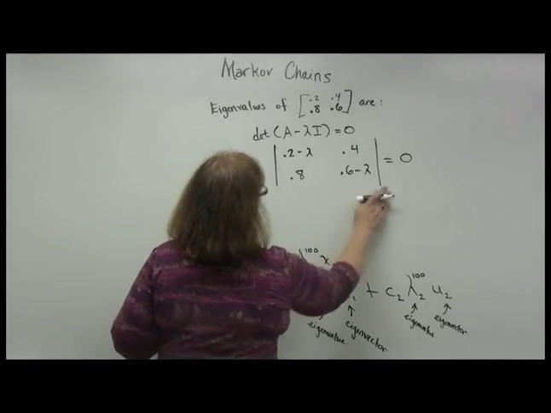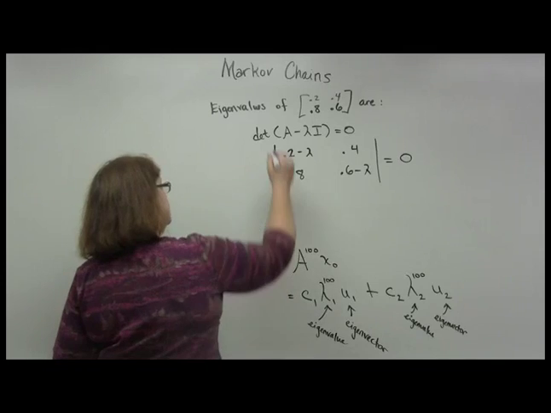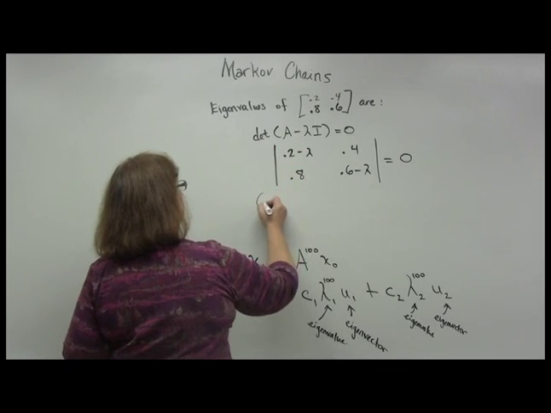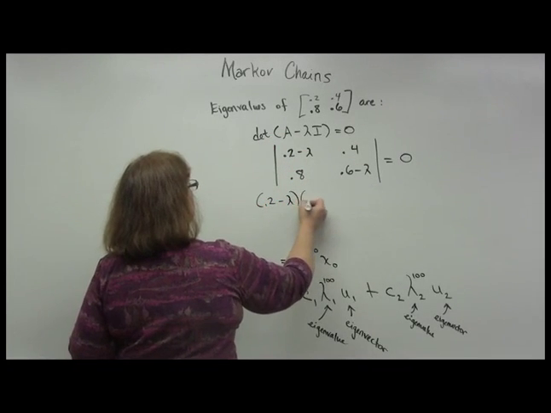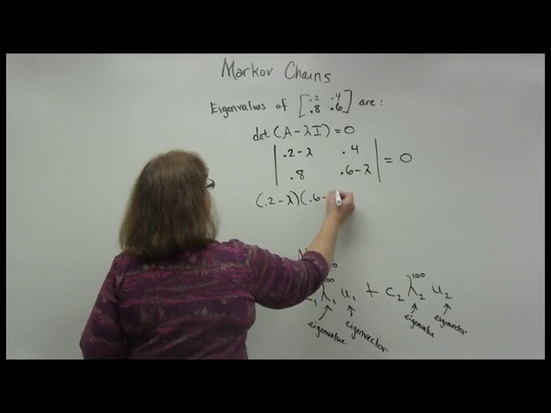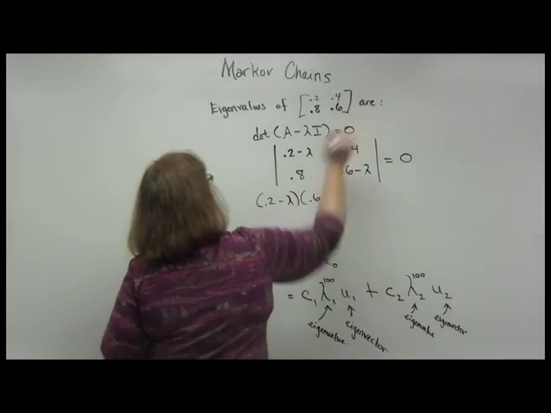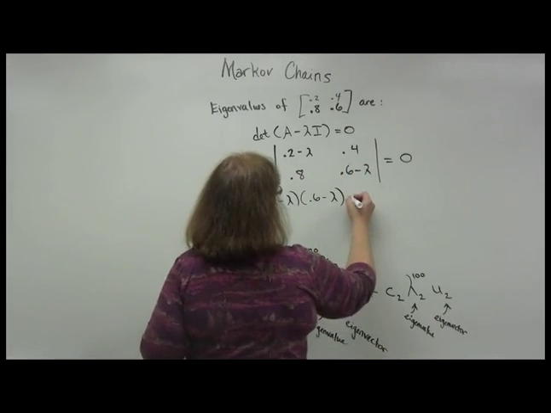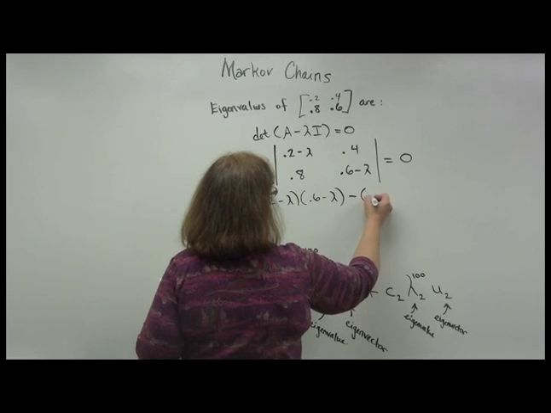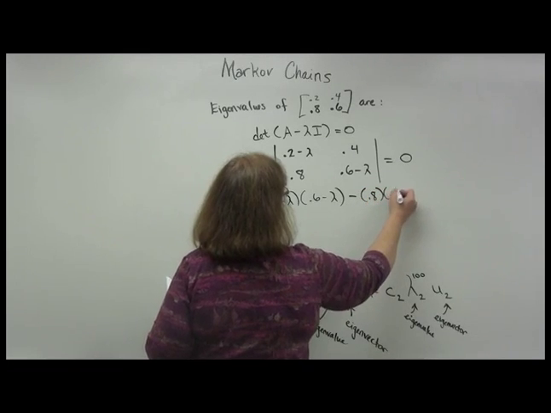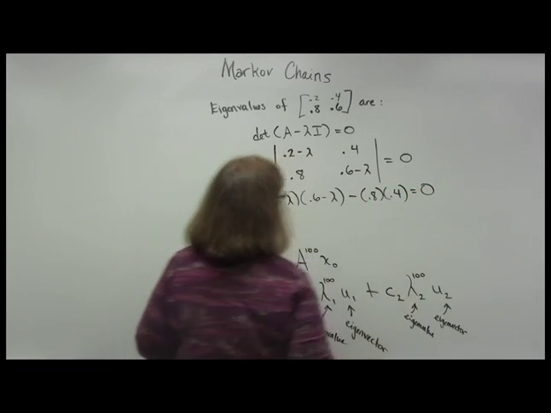All right, remember to do a 2 by 2 determinant. I do the main diagonal, 0.2 minus lambda times 0.6 minus lambda, minus the secondary diagonal, which would be in this case 0.8 times 0.4. That's equal to 0.